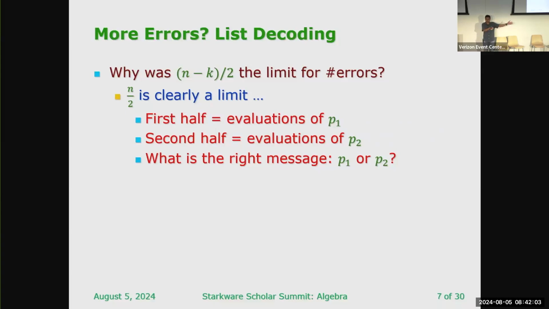Obviously, the first half could be the correct one, the second half could be the correct one. List decoding says, okay, we are in bad shape here. We cannot uniquely determine what the correct answer is, but there's maybe only 2 answers that will actually describe half of the points.